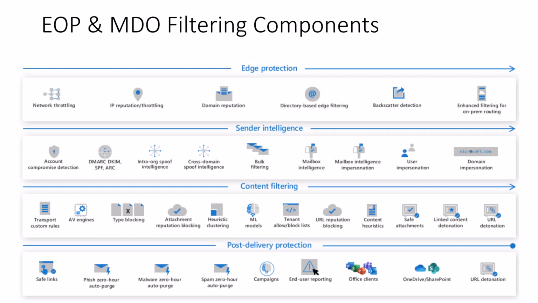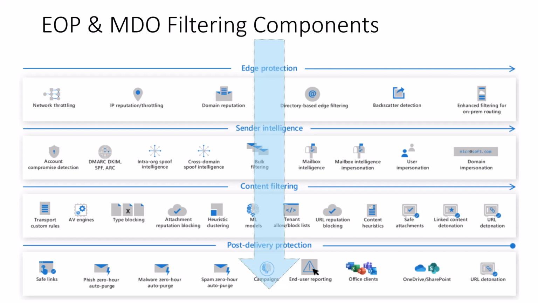So from the complete high level, we can have a look into the Exchange Online Protection and the Microsoft Defender for Office components that we have available. From the bottom, we see basically what is happening post delivery, and from the top we see emails and how they are entered into our organization. So we have a lot of the advanced feature sets of the Defender for Office available within the Sender Intelligence, content filtering, and especially also in the post-delivery protection.